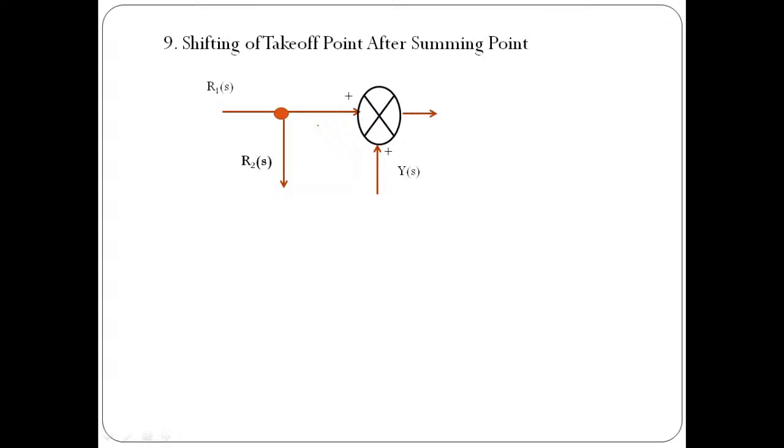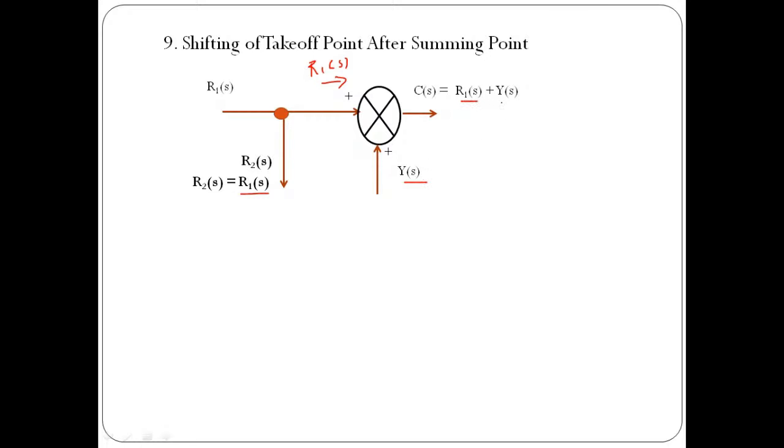So first we will find out the value of the feedback signal and the output in this particular case. Here the value of the feedback signal is R1(S). It is very easy for everyone to understand why we are getting the feedback signal as R1(S). And the output in this case will be the input available over here, that is R1(S), followed by one more input available over here, which is Y(S).